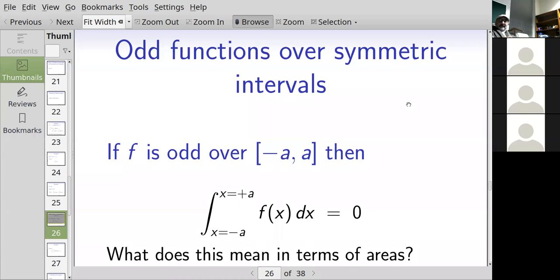If you have an odd function, such that f of minus x equals minus f of x, over a symmetric interval from minus a to plus a, whatever a is, then the area under the curve is equal to 0. The positive and negative area rectangles are canceling each other out, basically.